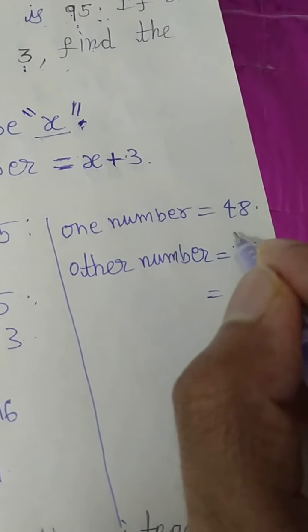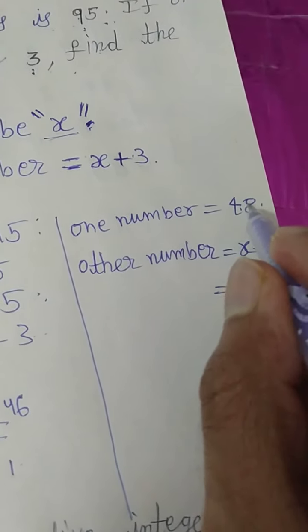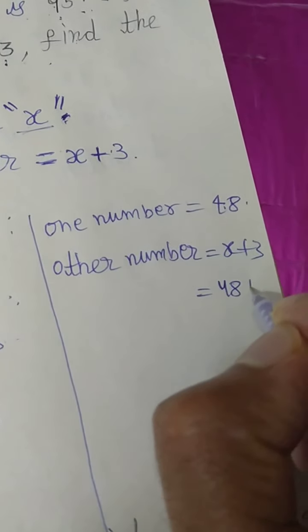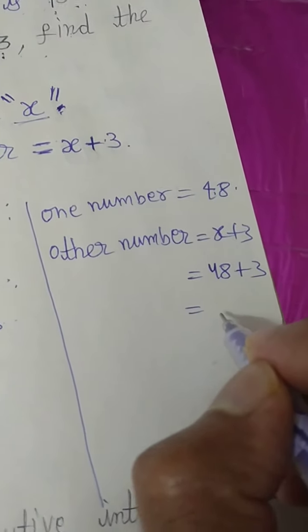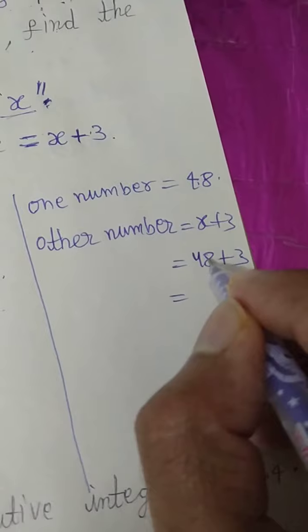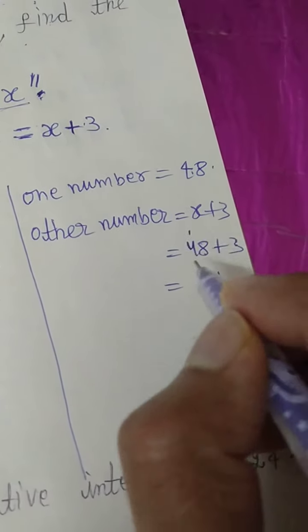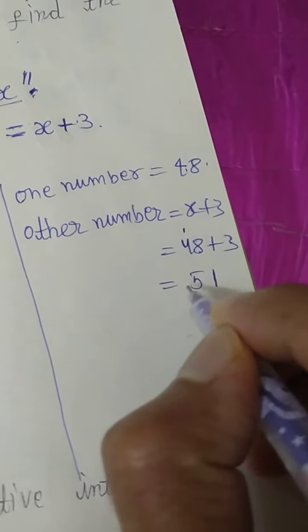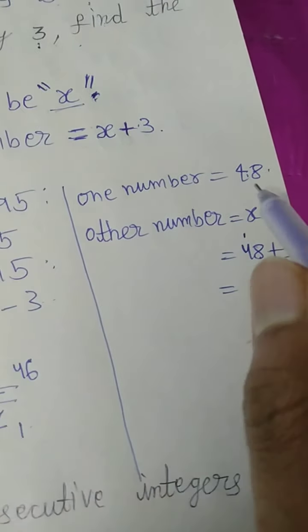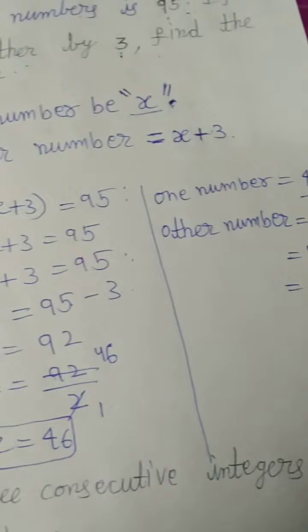So x plus 3 means in the place of x we should substitute 48. So 48 plus 3. 8 plus 3 is 11, 1 carried to the next place, so 4 plus 1 is 5. So 51 is the other number. So 48 and 51 are the two numbers.